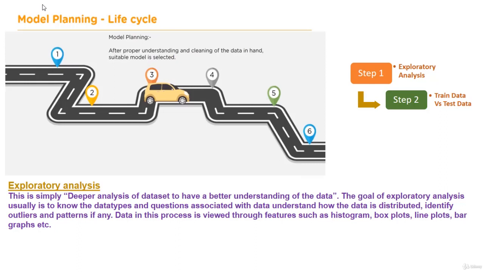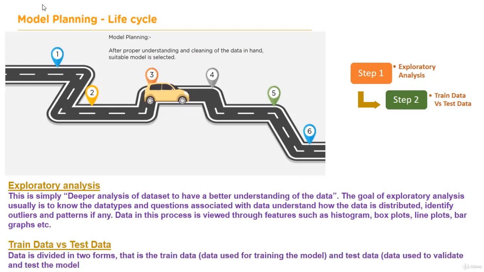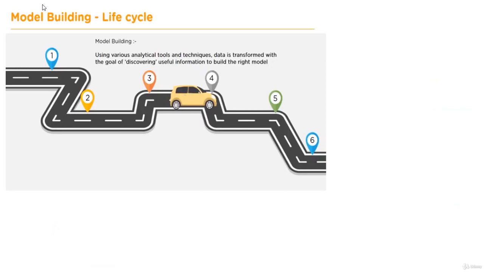It involves use of graphs such as histograms, box plots, line plots, bar graphs, etc. And then in training data versus test data, the data which has now been analyzed is split into a training dataset and a testing dataset, so that once a model has been created using the training dataset, the model can be tested using the testing dataset.